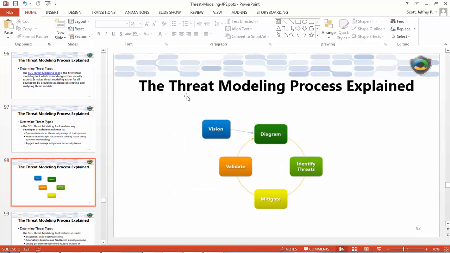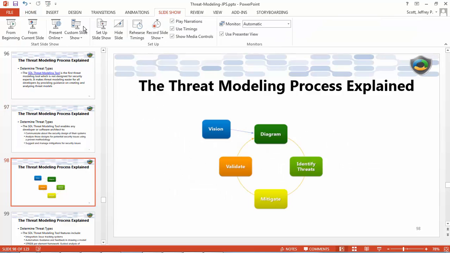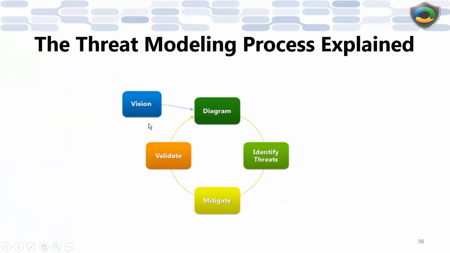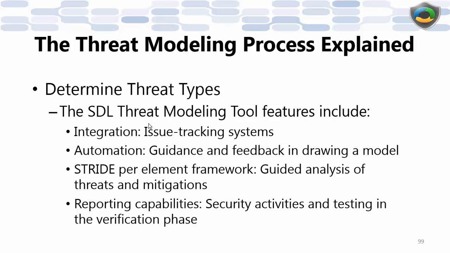This is how Microsoft explains the entire process right here. We've looked at things like this before. All right, so the tool includes a lot of different things: integration, a lot of automation, a direct tie-in with STRIDE, and reporting capabilities. And you've heard about this previously.